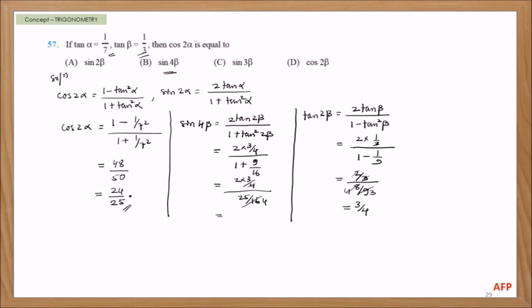Okay, if you take it to the numerator, 2 into 3 into 4 divided by 25, which is nothing but 24 by 25. So therefore you can write cos 2 alpha is equal to sine 4 beta. Okay, so this is the answer.